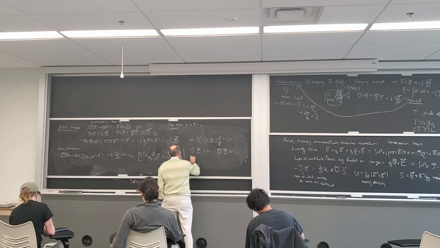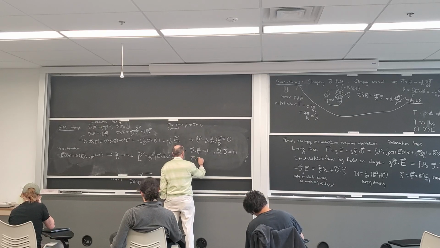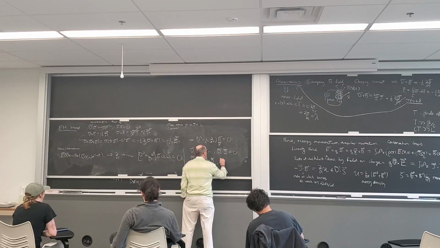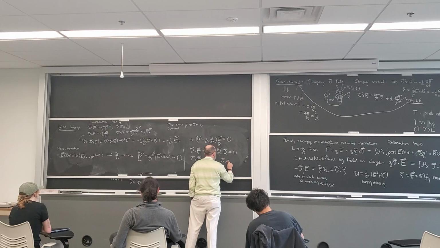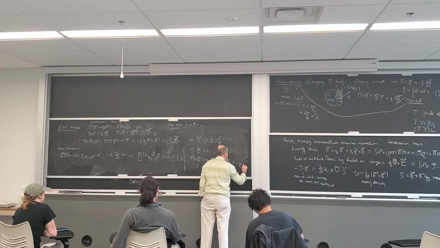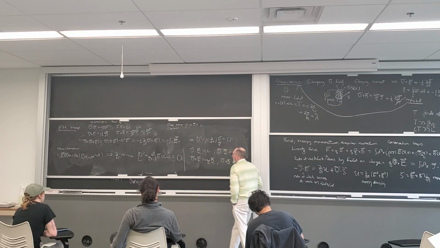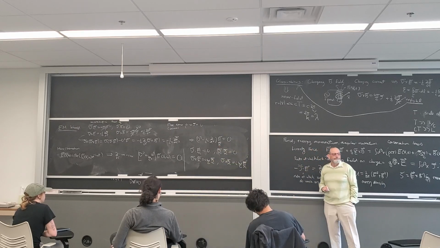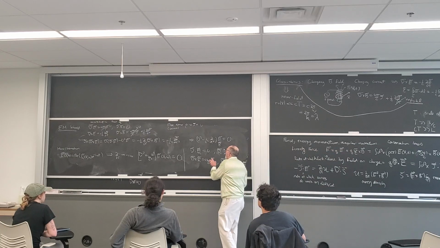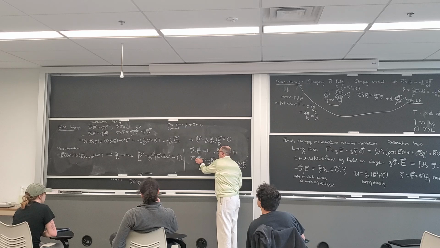We have del cross E tilde is i omega over c B tilde, and del cross B tilde is equal to i omega over c E tilde. Everyone with me?